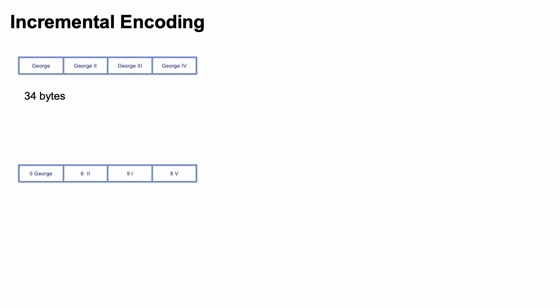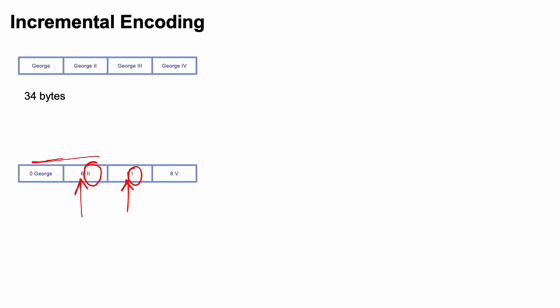But for the second value, which in this case happens to be George second, we can specify that, hey, it takes 6 characters of the last value, which happens to be George, and it appends the suffix of space and 2. Similarly, for the third value, we say that it takes 9 characters from the previous and it adds a suffix of 1 on top of it.